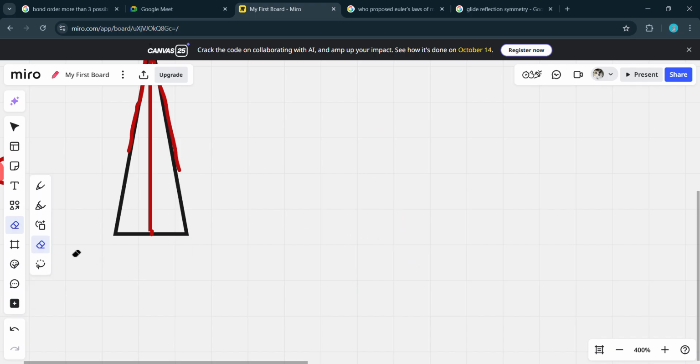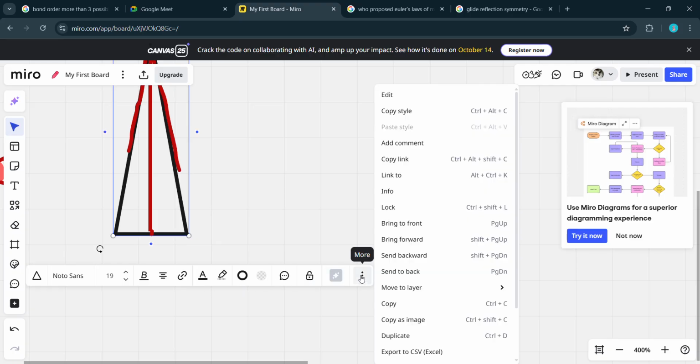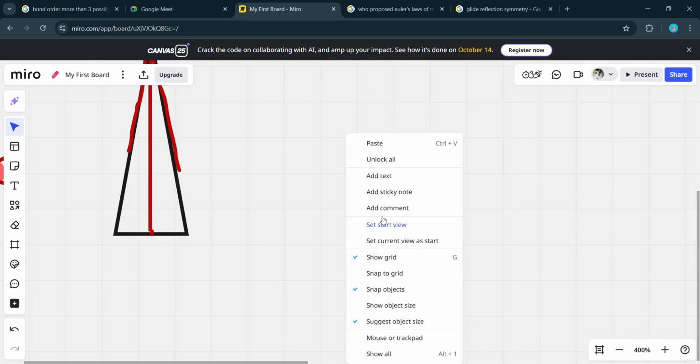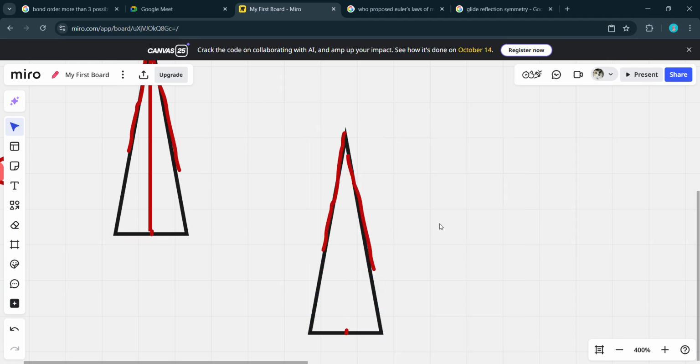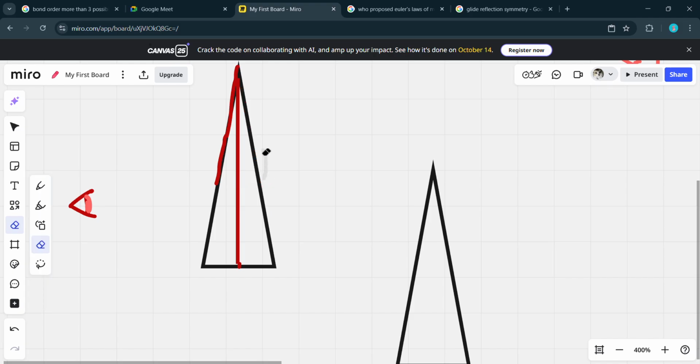Let me use technology. I do have technology. I will copy this thing, copy and paste it. Let me use a rubber. Yes, after looking through the mirror here, this is the mirror.